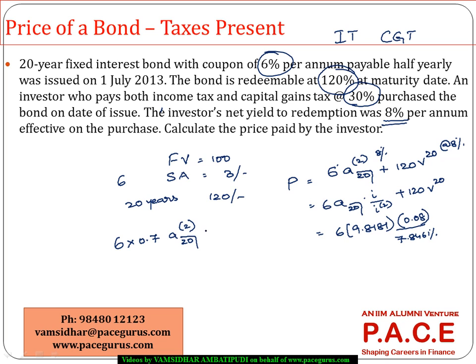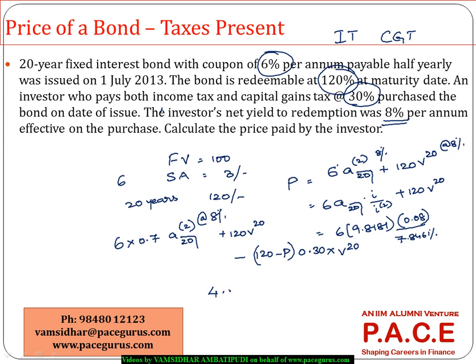The a-angle-20 part is the same at the rate of 8%, and the 120, which is the capital, remains the same. But out of this there is an excess, 120 minus P, the difference between the redemption price and the purchase price, which is subjected to a capital gain tax of 30%. This is applicable after 20 years, so the present value of that I will take as v^20 itself. So this is the updated calculation.